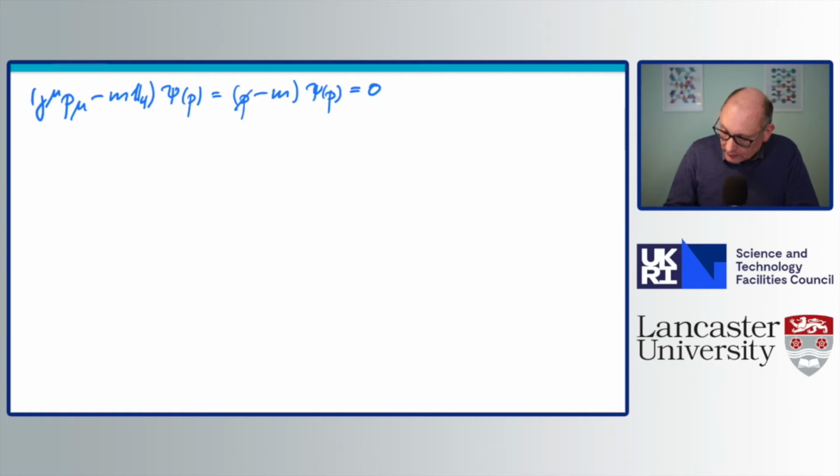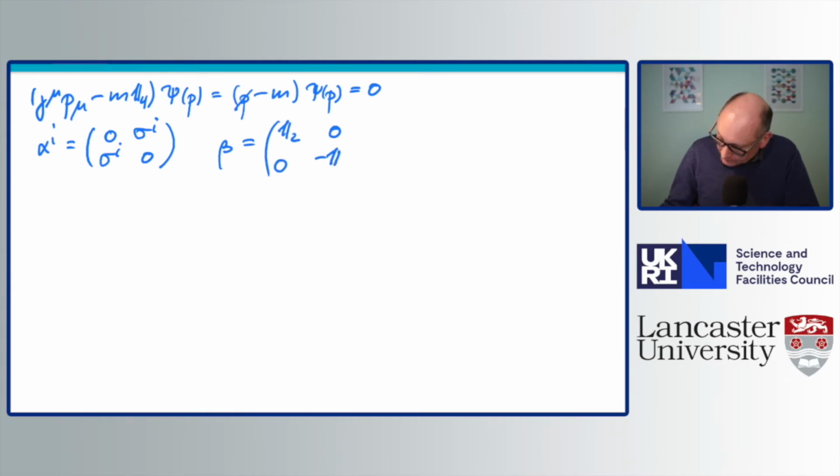Now we'll take a little time to discuss in more detail the symbols. We have that the gamma^mu are determined in terms of the alpha_i's, which are the matrices (0, sigma_i; sigma_i, 0), and beta is the 2 by 2 identity matrix arranged like this.